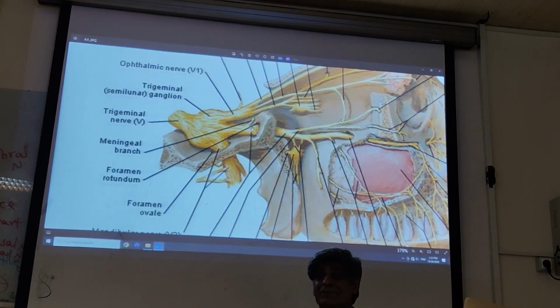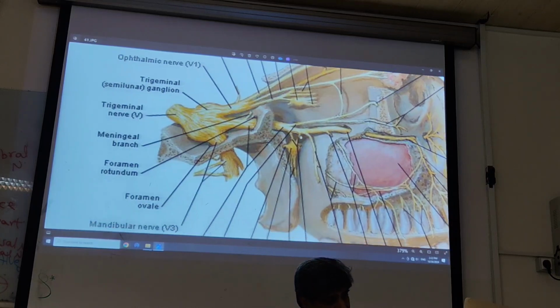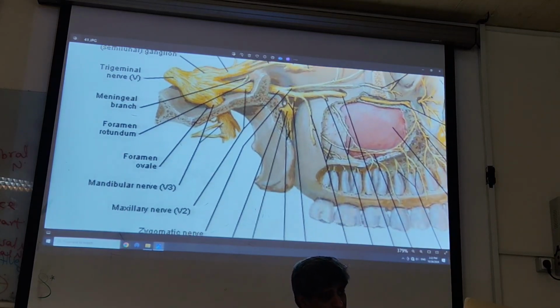Then the maxillary nerve exits the foramen rotundum. This is foramen rotundum. And into the pterygopalatine fossa.